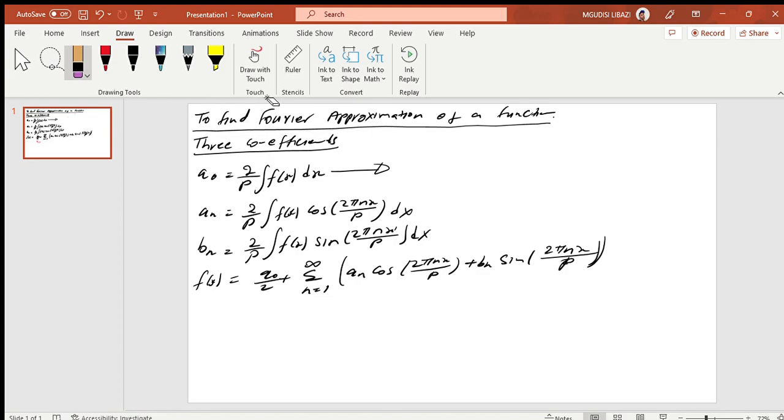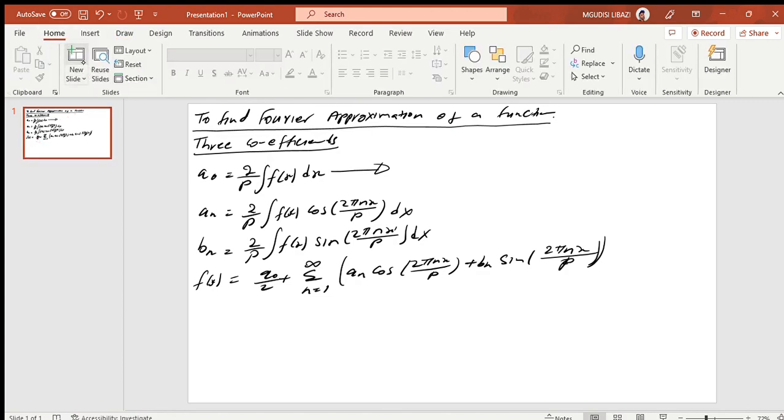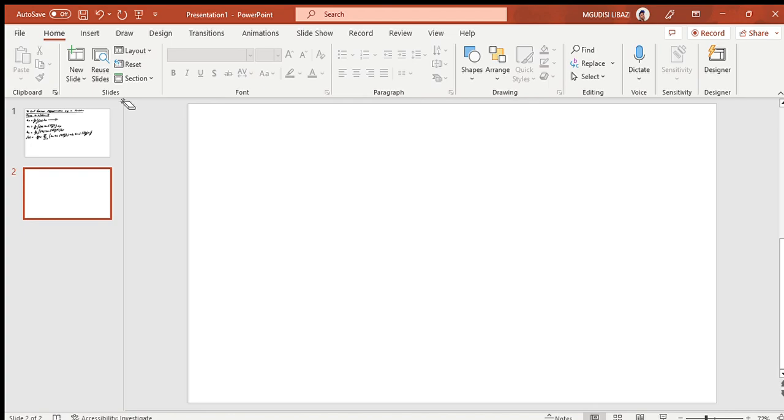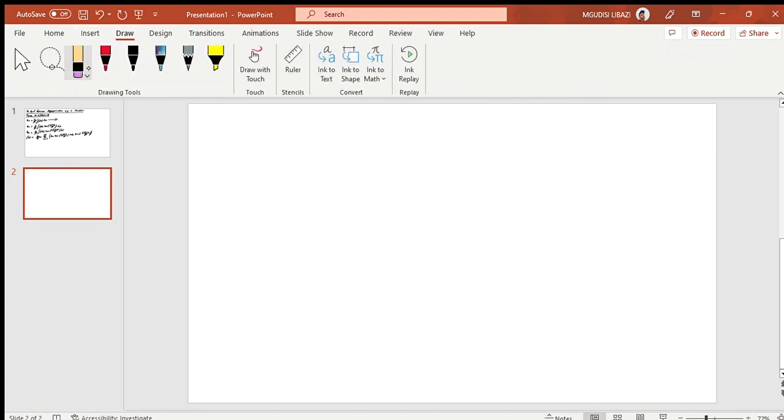So now let's try to tackle some questions. A question that I have here says: find the Fourier approximation of the following function.